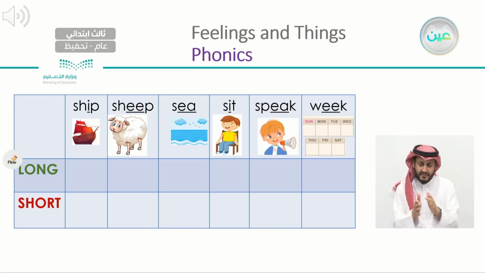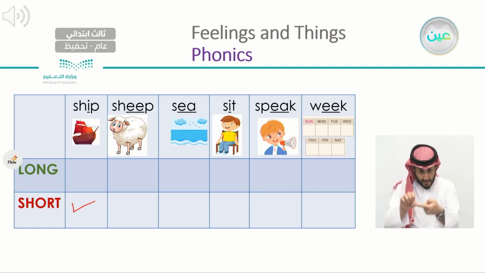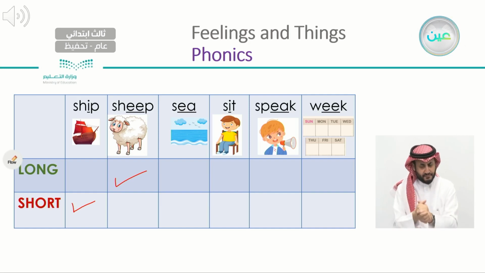Now listen and check. Is the vowel long or short? I says ship. E says sheep. E and A say sea.